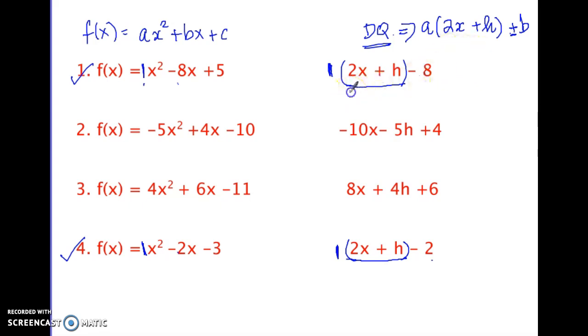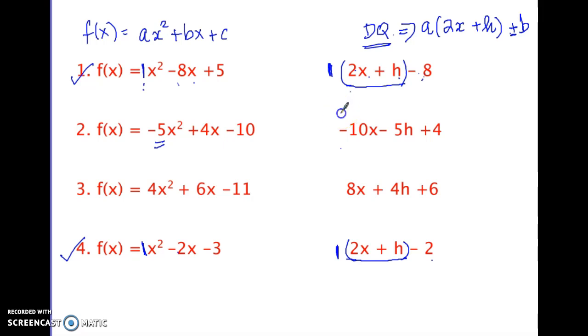Let's see if that works. For the first one, a is 1, so 1 times 2x plus h, and the coefficient of x, or b, here is negative 8. You just put negative 8 as your answer. Let's see if it works for the second one. So here a is negative 5.